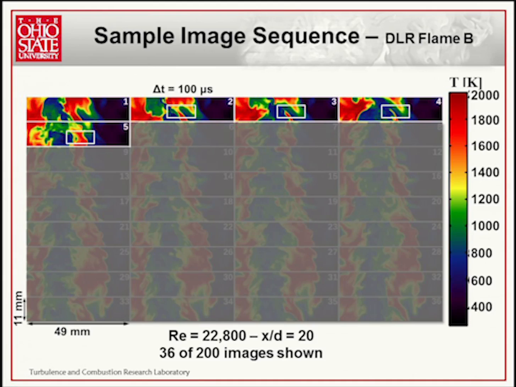So the first thing you look at that and go, that's an outstanding example of local extinction and reignition. Well, it could also just be an outstanding example of flame coming back into the laser sheet. Okay? And so this is where you need to couple in other measurement techniques as well, whether they be velocity, and also some of the off-angle chemiluminescence that's been done at DLR is quite nice for looking at some of these out-of-plane effects.